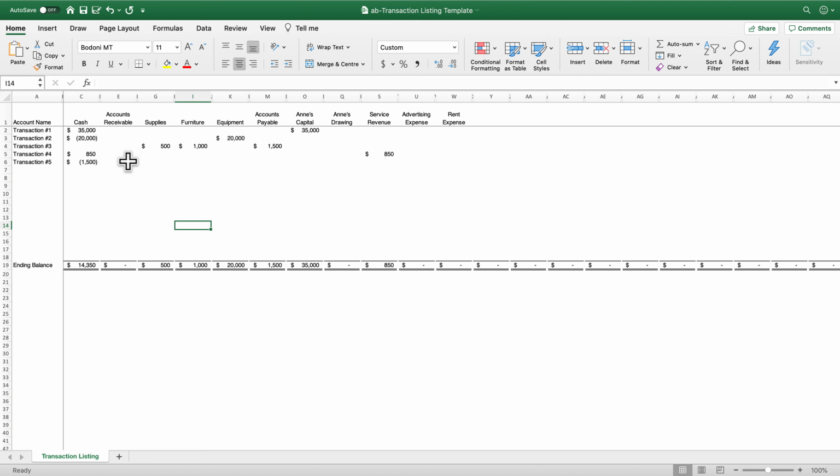Because it's going out, you're paying that. And she's paying that account off. So it's a negative because she no longer owes that. That account is reduced back to 0 because she no longer owes that $1,500.